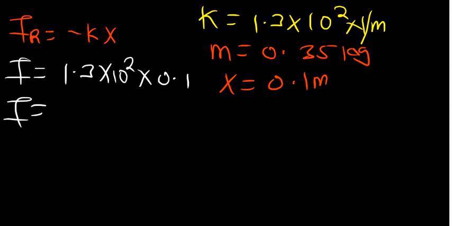What is 1.3 times 10 to the power 2 times 0.1? I'm getting 13. I'm getting 13 newtons, which is negative 13 newtons. Can you confirm? Okay.